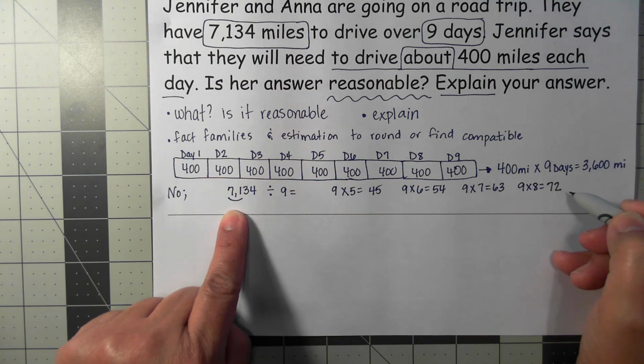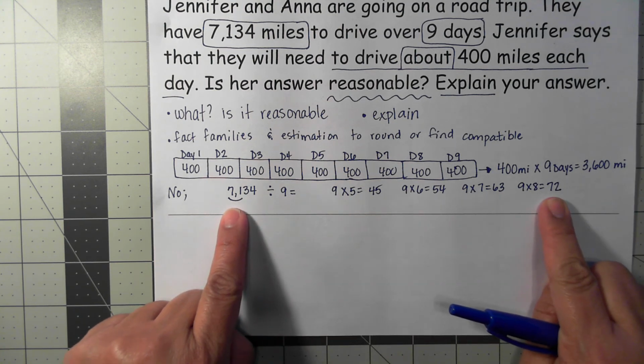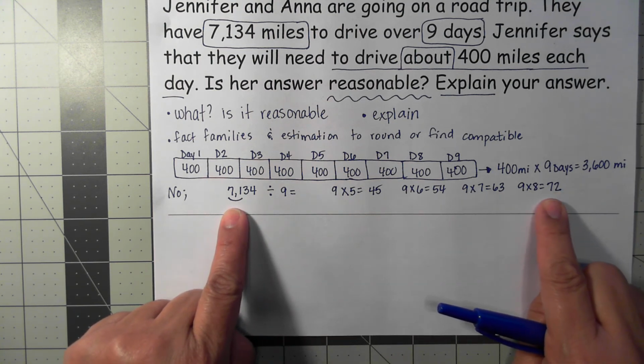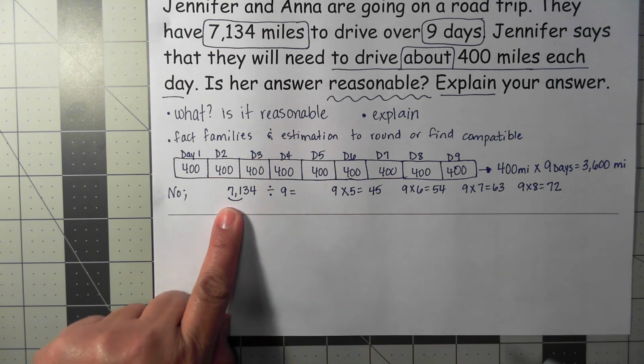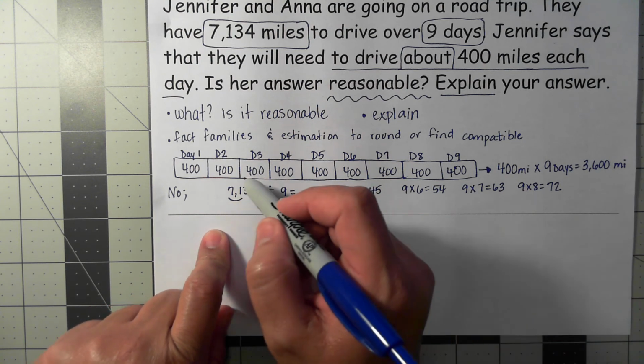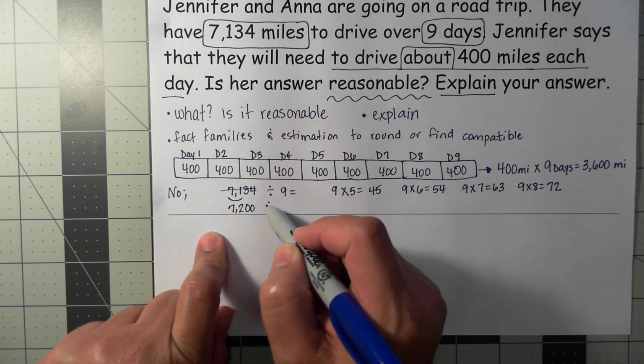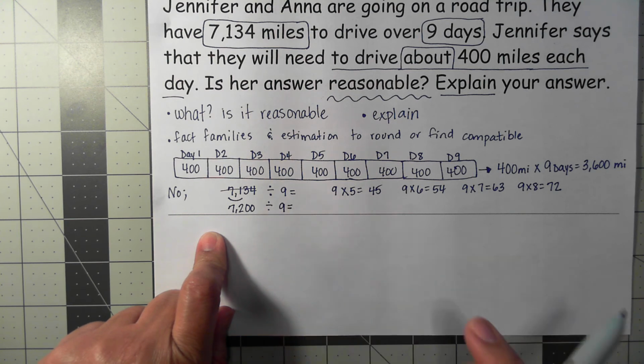Whoa, hold on a second, guys. 72 and 71 look close enough to each other that I can swap them out. So rather than calling this number 7,134, I'm going to call this number 7,200 and then go ahead and divide by 9.